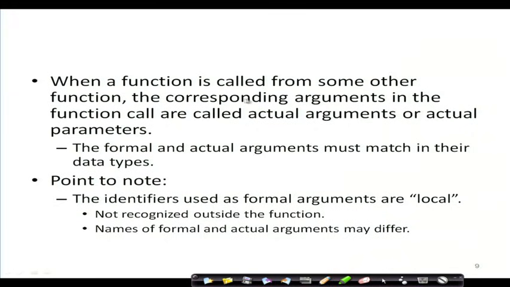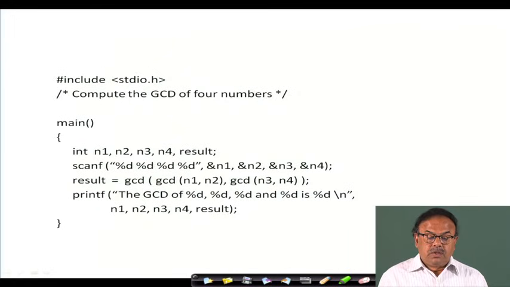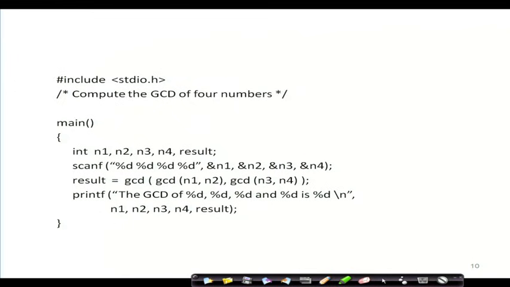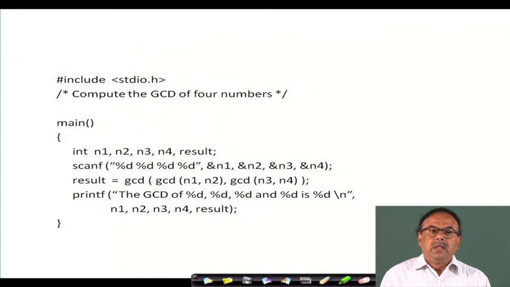So, when a function is called from some other function, the arguments are passed. Points to note: the names of the formal and actual arguments may differ. So, I will conclude this lecture with this example. Here we are computing the GCD of 4 numbers.